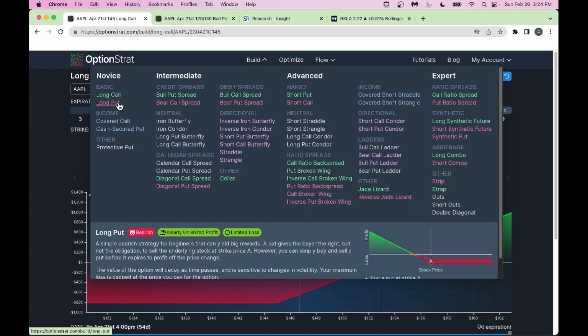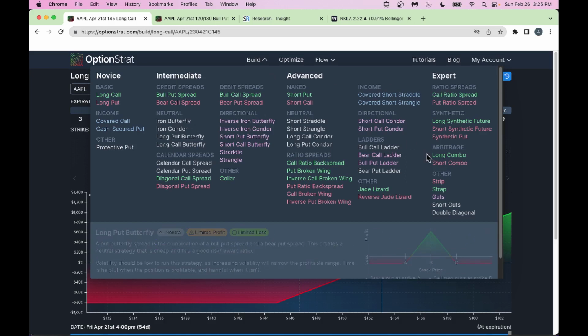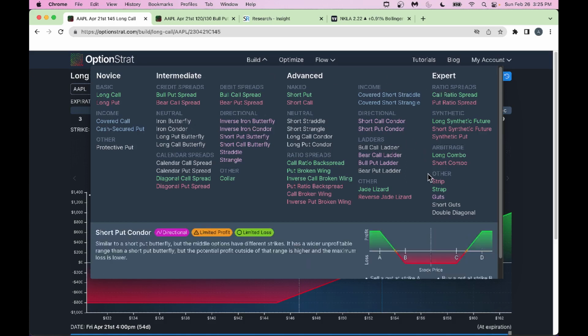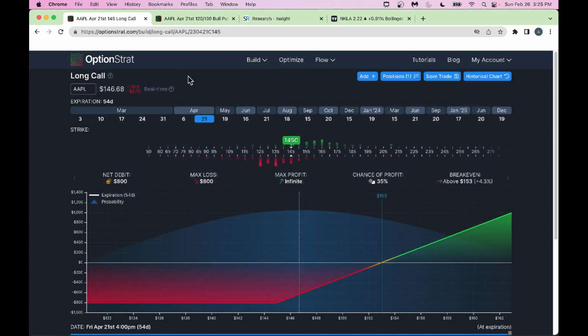So this is a great way to understand all option strategies, starting from novice to intermediate to advanced to expert. You could try all these things very easily with this platform, and that's why it's a great platform. It gives you a lot of free information. You don't need to pay even a single dime to learn more about all these option strategies.